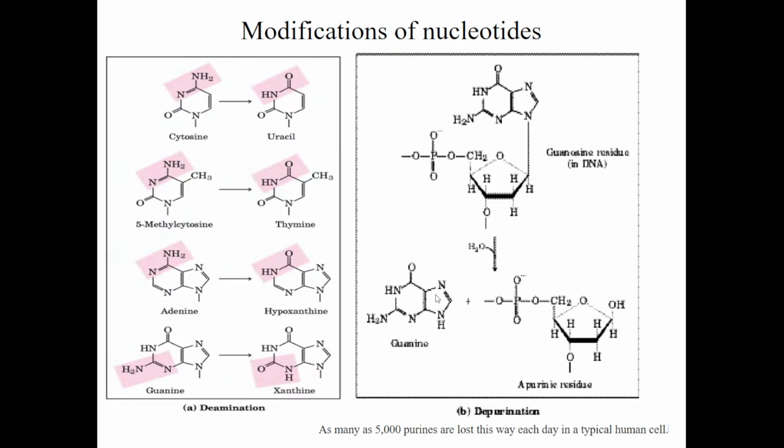Also other variants of modification are possible. For example, in each cell thousands of purine bases can be spontaneously hydrolyzed from the DNA structure and become apurinic residues. Of course, it will also be a reason for mutation and changing of genetic information.